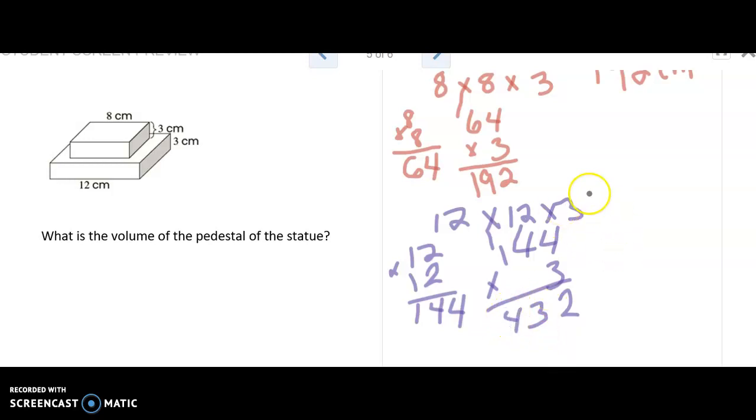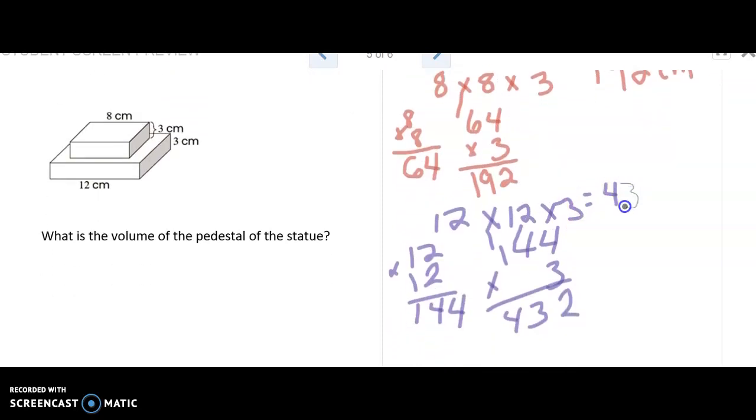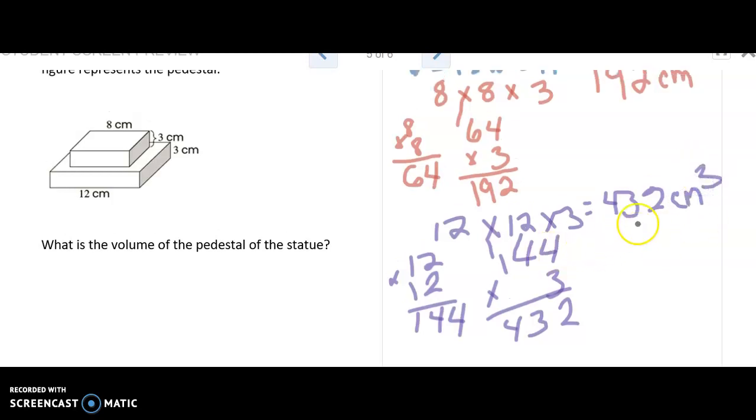So my volume of the larger one on the bottom is 432 centimeters cubed. Okay. Now, I'm not done yet.